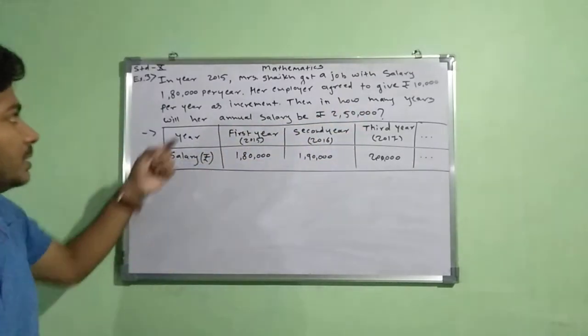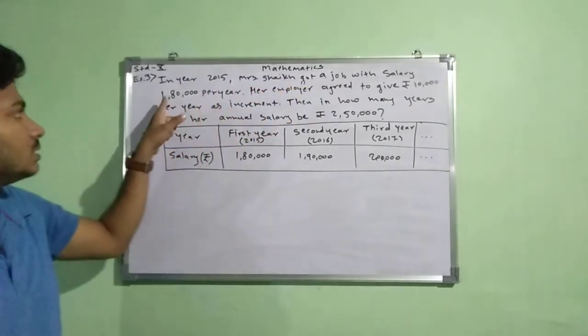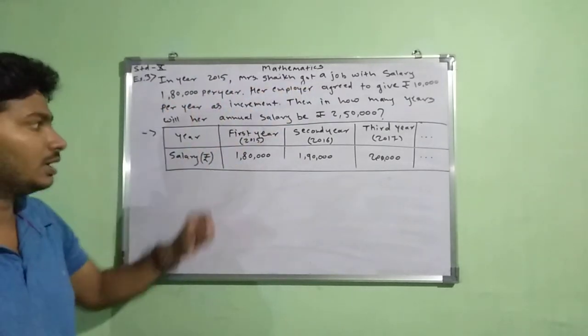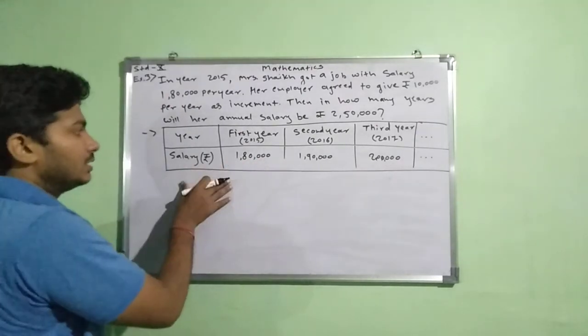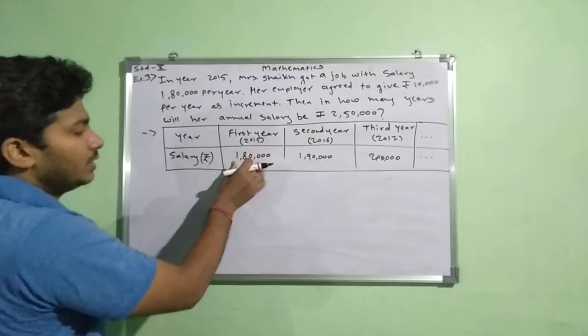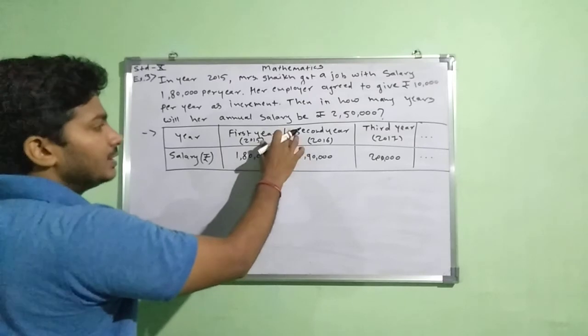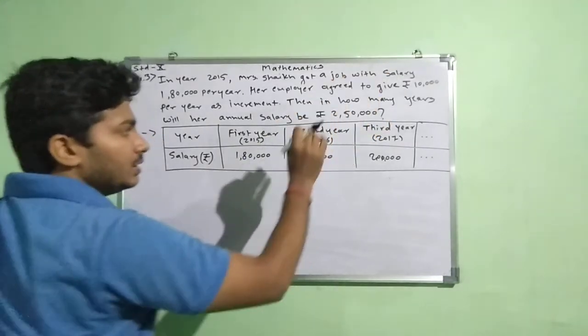So in the year 2015, her salary was 1,80,000 per year. If you see the table, we can conclude that in the first year, that means 2015, her salary was 1,80,000 per year, and in the second year she got the increment of 10,000.